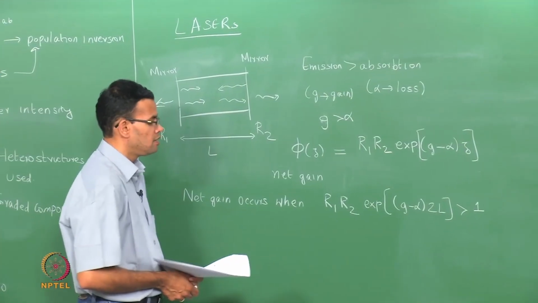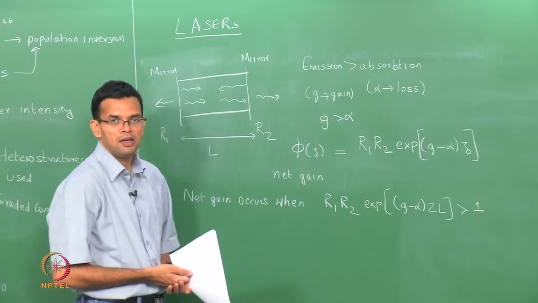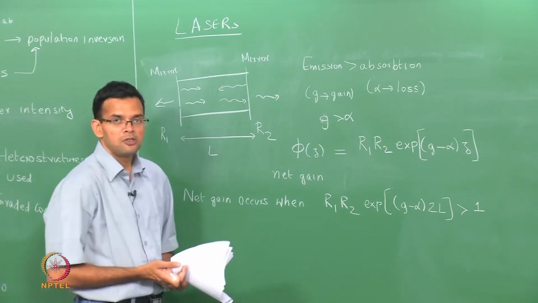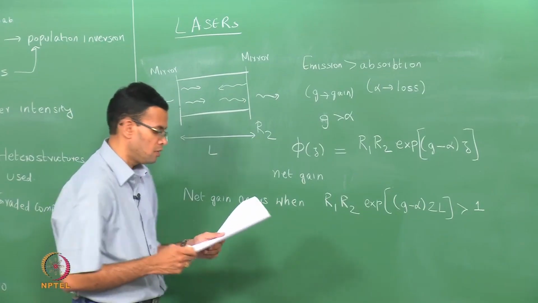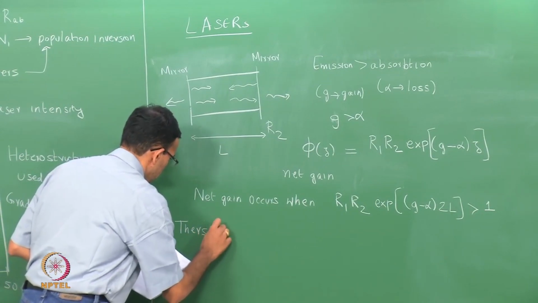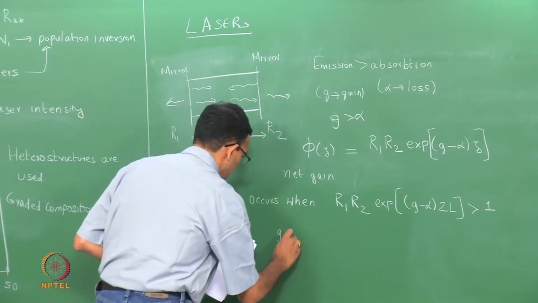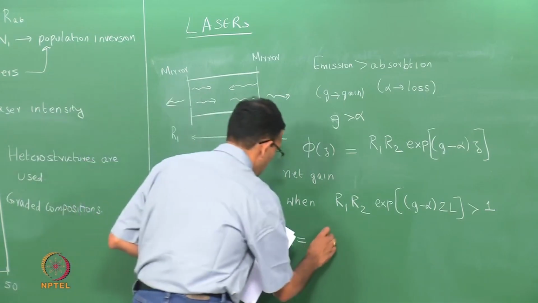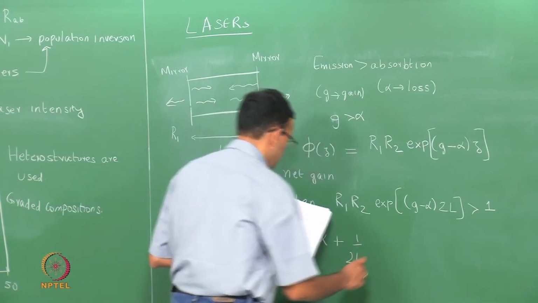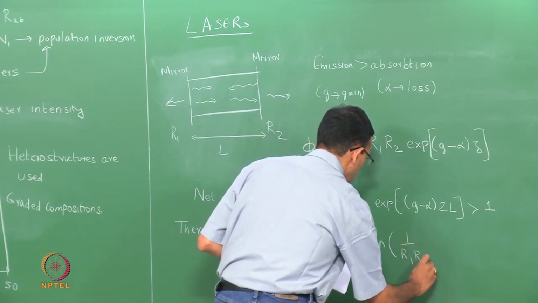Usually we like to define something called a threshold gain, which tells you how much current you need to supply in order for lasing action to occur. Once again, you must supply enough current so that the emission is more than the absorption. So, we define a threshold gain equal to alpha plus 1 over 2L ln of 1 over R1 and R2.